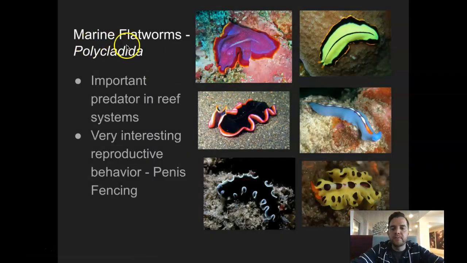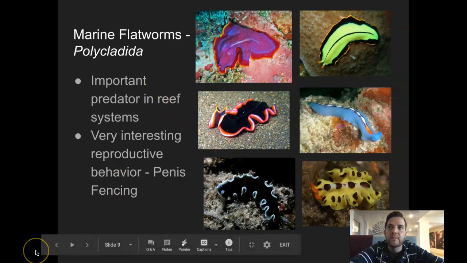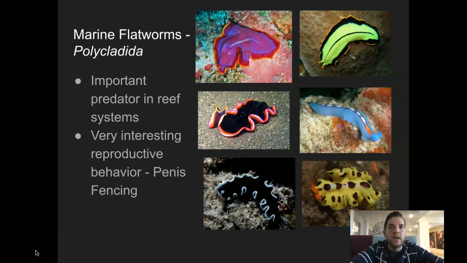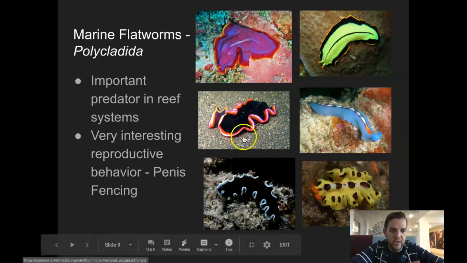So specifically, like I said, we have planarians and then the marine flatworms. They are huge predators on coral reefs. Now, obviously, they're not massive, but they are predators. So they have the ability to go after things on the reef, and they are pretty voracious. Very interesting reproductive behavior.